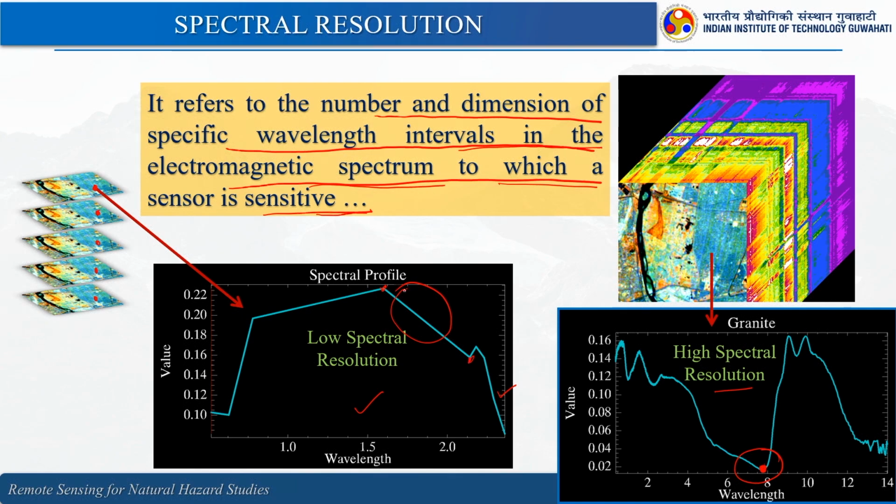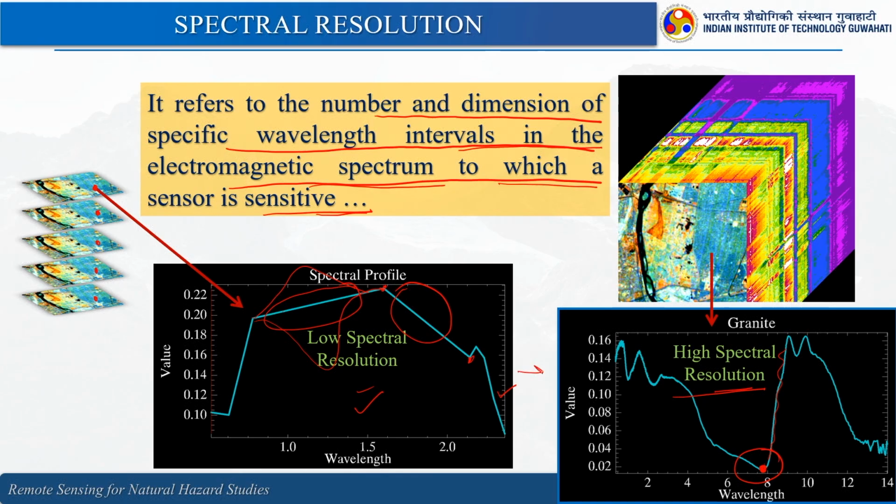But here between these 2 points we have so many points, right. So when the spectral resolution is high, we will have more information in different wavelengths, whereas in low spectral resolution we will have limited information, and the in-between information, whether it is supposed to be an absorption feature or a reflectance curve or reflected energy, is missing, that is unknown to us.